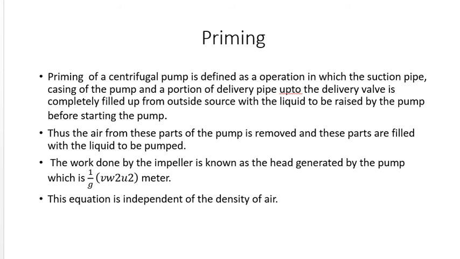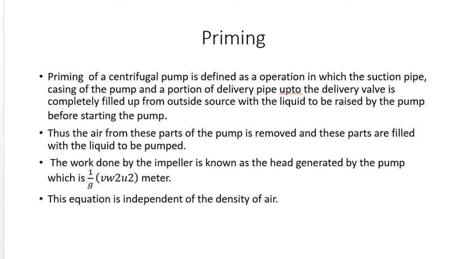So if the air is trapped inside the centrifugal pump and the pump is running with this air, in that case the head generated is in terms of meter of air. And when the pump is running with water, the head generated is the same meter of water.